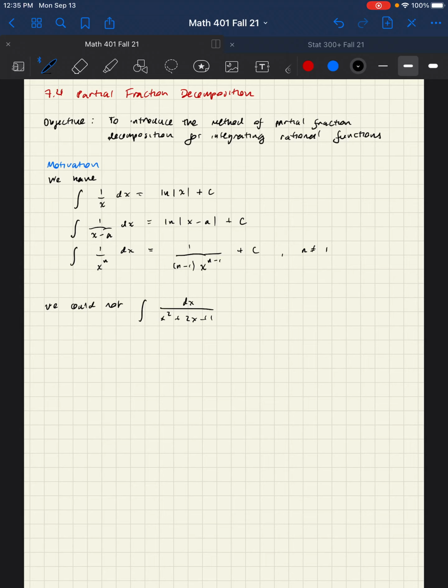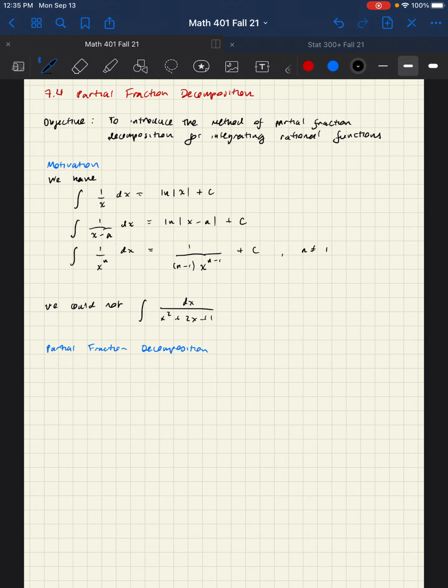Okay, so now let's actually talk about the method. We call this partial fraction decomposition. The general idea is that we're going to take some rational function, which is really just, if you think about it, a fraction, and we're going to split it into simpler fractions. Okay, so here's the idea.